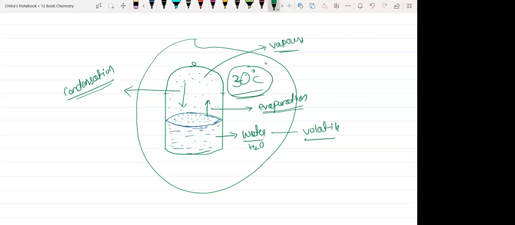See, what happens after some time? If the temperature is constant here, you can take any temperature, 30, 20, 15. I have taken 30 degrees Celsius here.